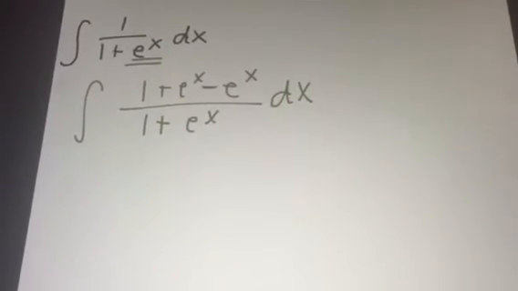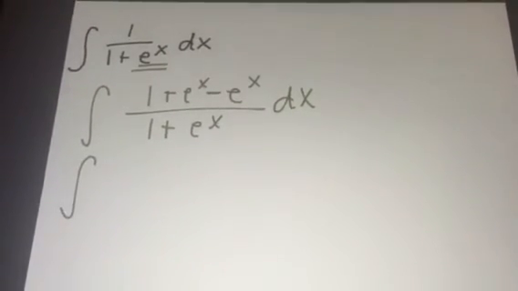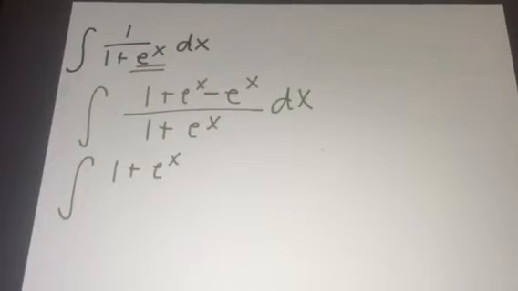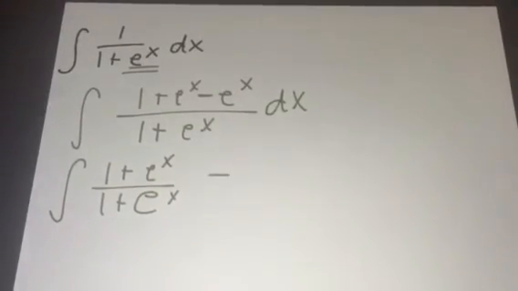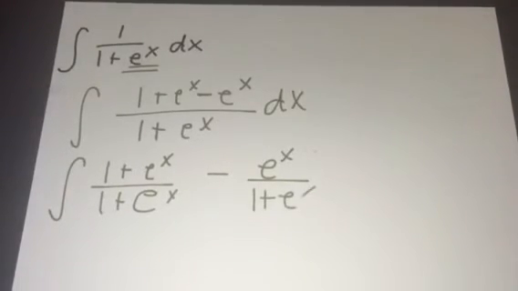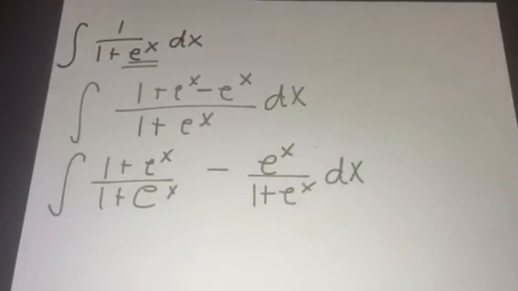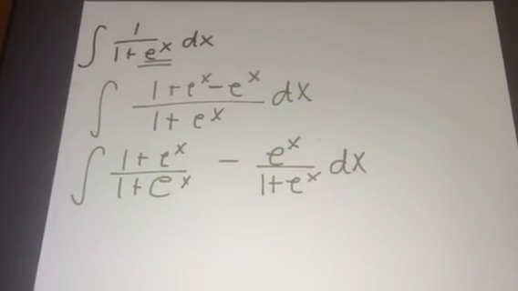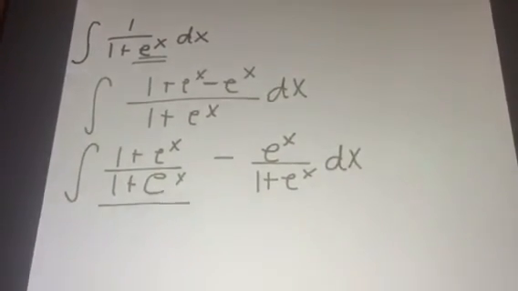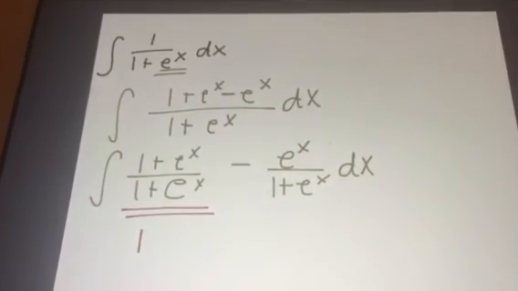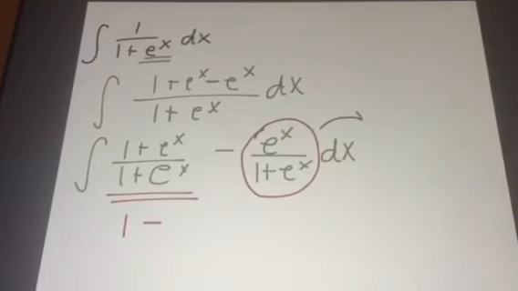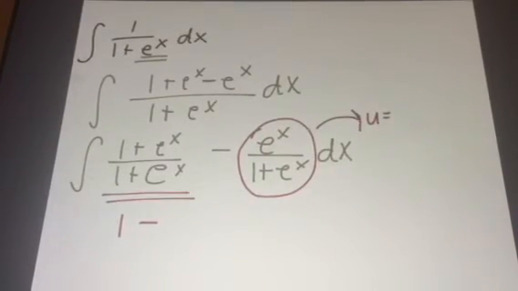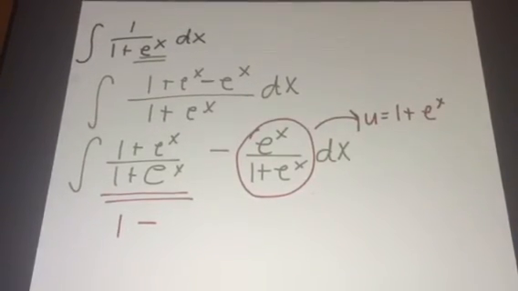Well, if we split it up into 2 fractions now, you'll have the integral of 1 plus e to the x over 1 plus e to the x minus e to the x over 1 plus e to the x dx. The reason we split it up in this manner, we know that this part will simplify to 1 minus, here we can do u substitution, 1 plus e to the x.